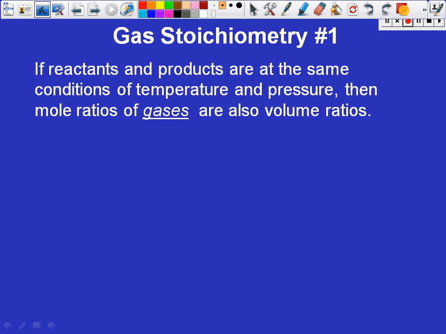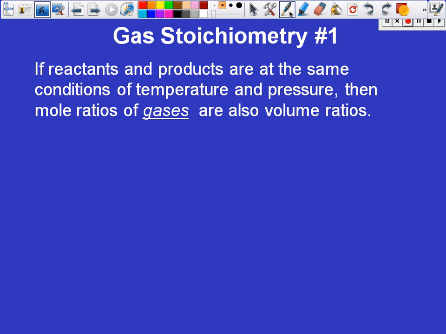All right, gas stoichiometry number 1. If the reactants and the products are at the same conditions of temperature and pressure, then the mole ratio of gases are also volume ratios. Notice she said, huh? Say that again?